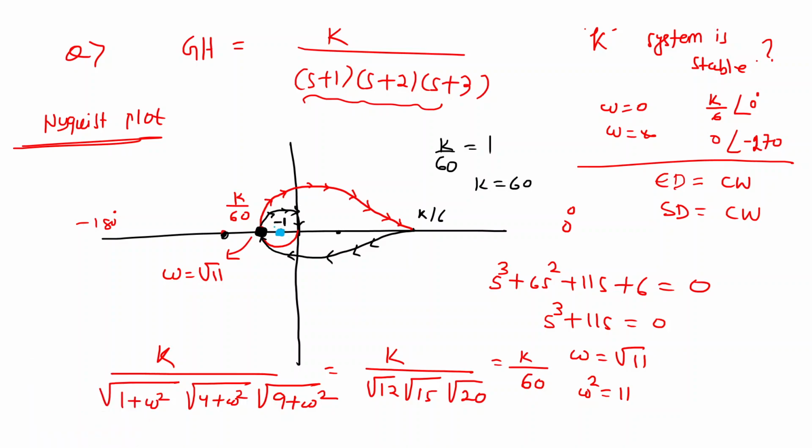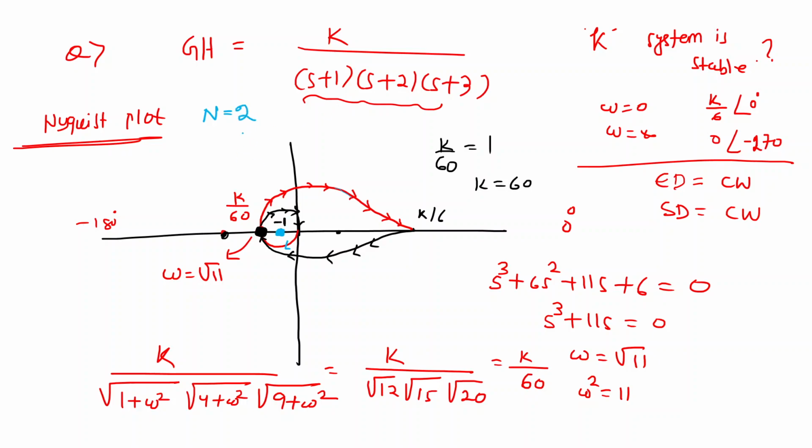If the minus 1 point is inside, how many encirclements about the minus 1 point are there? Two, because this is one encirclement, and the bigger one is also an encirclement. So the number of encirclements is 2 if my minus 1 point is inside.